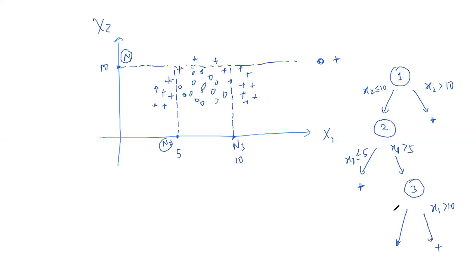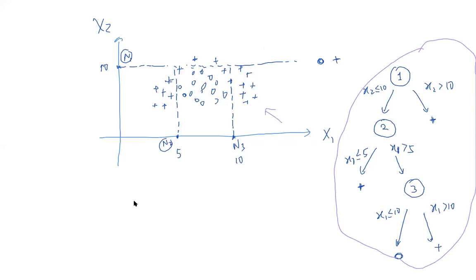And if it is less than or equals to 10, it will be classified as circle, right? So basically, you can see that with repeated partitions of your variable space, you get the tree, right? So your tree is basically this tree representation here. This entire tree model basically corresponds to a partition in your variable space.